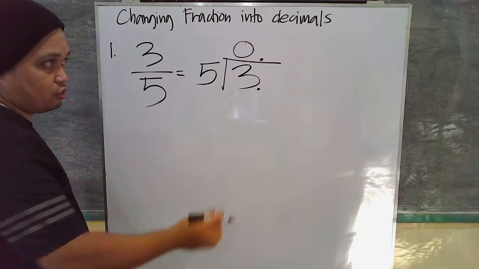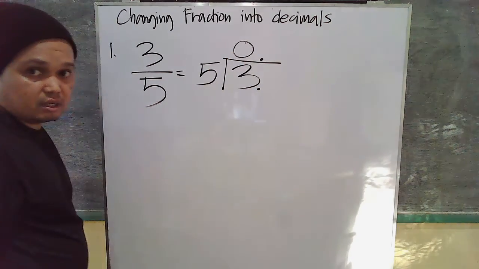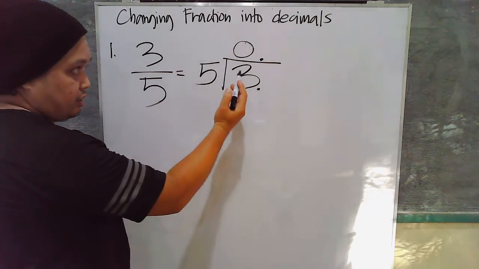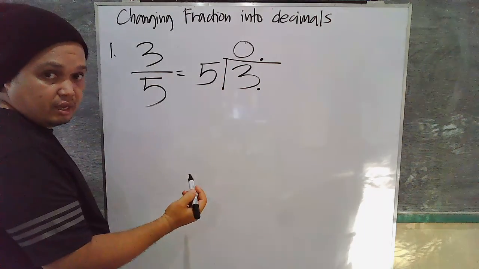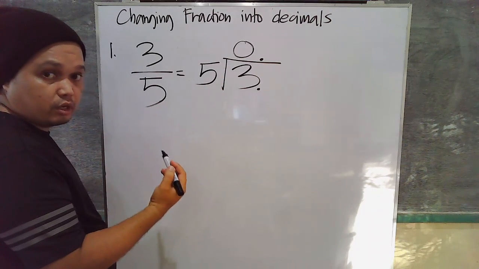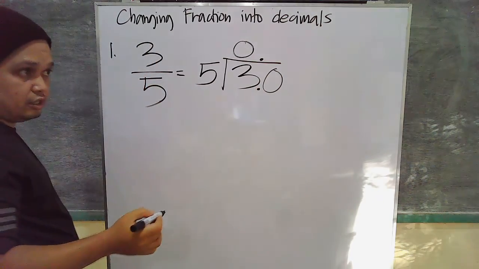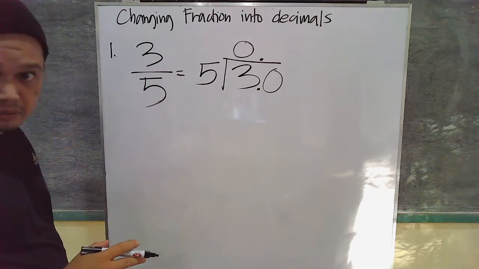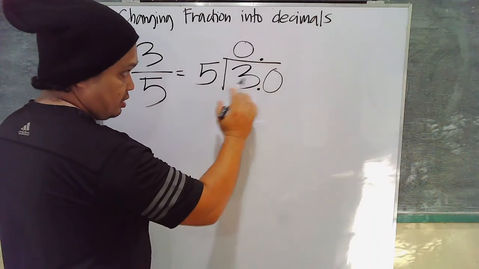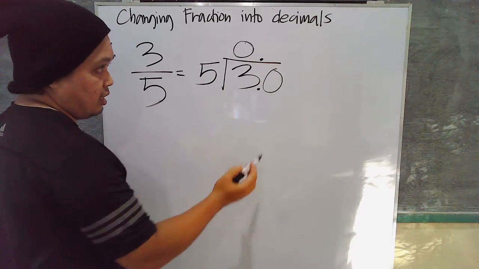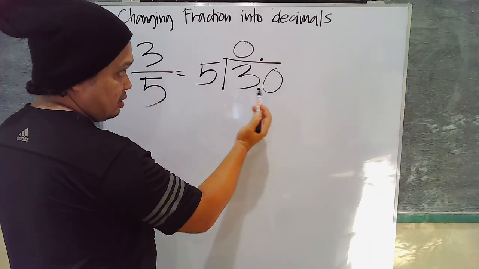Okay, because we are now dealing with decimal numbers. Now, so 3 divided by 5 cannot be, so we're going to borrow 0. Okay, for us to answer this, let's borrow 0. So we have now 30. So we can now answer after the decimal point.